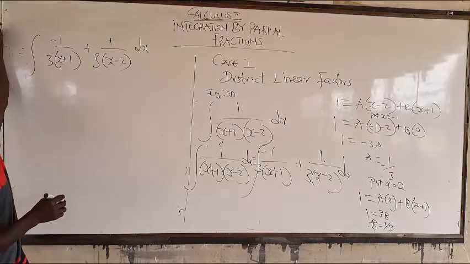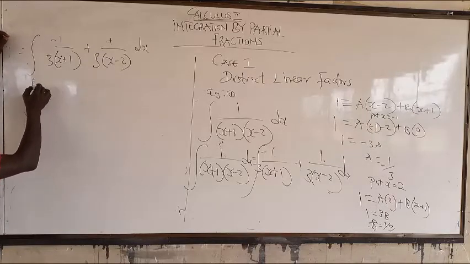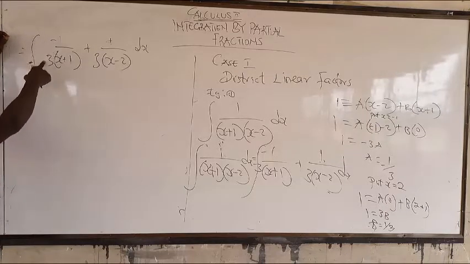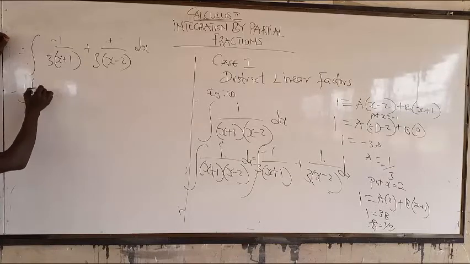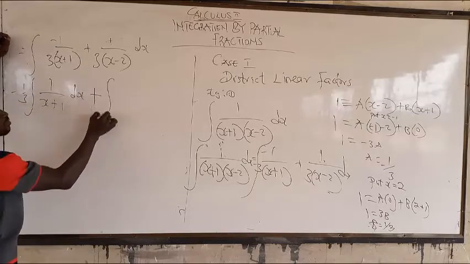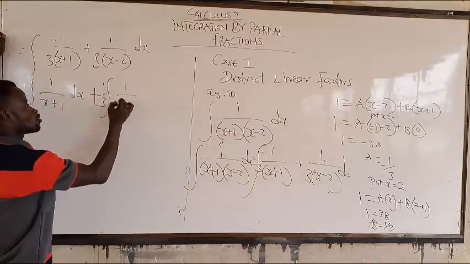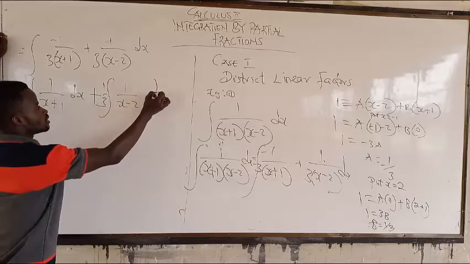And when you want to integrate this, you can integrate it term by term. Don't forget that there is a constant in here, that is negative 1 over 3. So we get this ds, integrating term by term. The constant 1 over 3 will come out, 1 over s minus 2 ds.